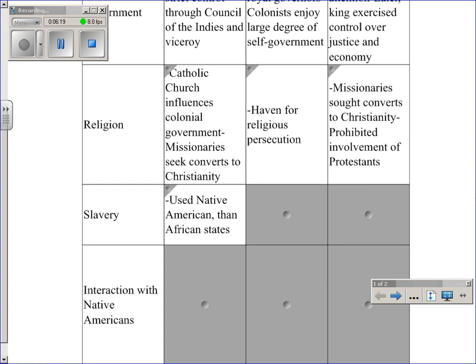Unfortunately, because the Native Americans were not immune to European germs and diseases, they died in numbers by the thousands, what would almost be considered genocidal. But nevertheless, they needed a labor supply, and that's where the use of African Americans as cargo comes into play.